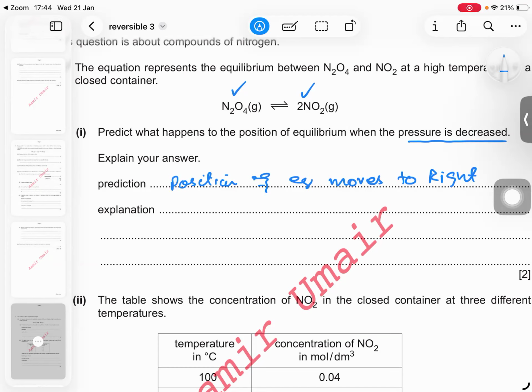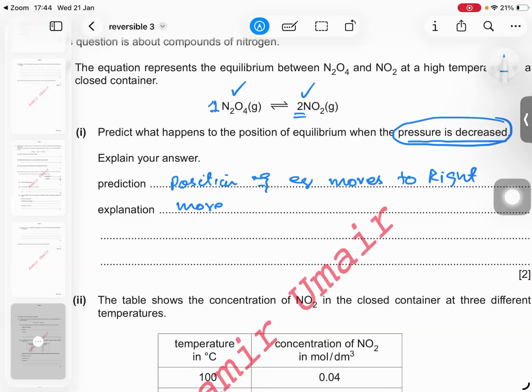Why? Pressure is decreased. There's 1 mole on this side and 2 moles on this side. So when pressure decreases, it goes to the side where more moles are present. Which side has more moles? The right side. What is the explanation?